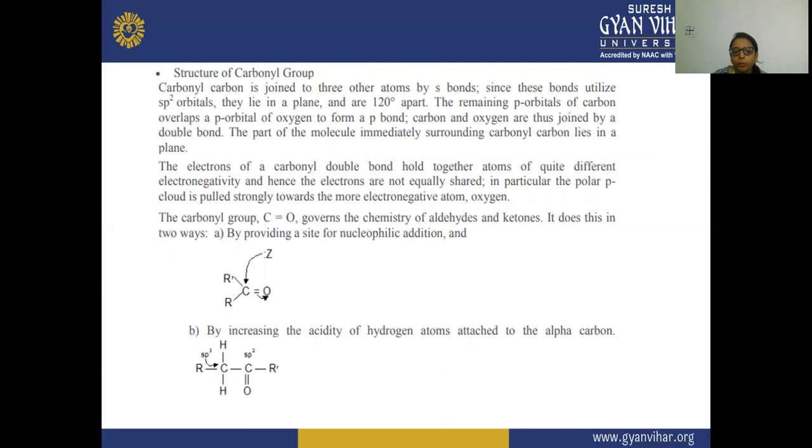The part of the molecule immediately surrounding the carbonyl carbon lies in a plane.